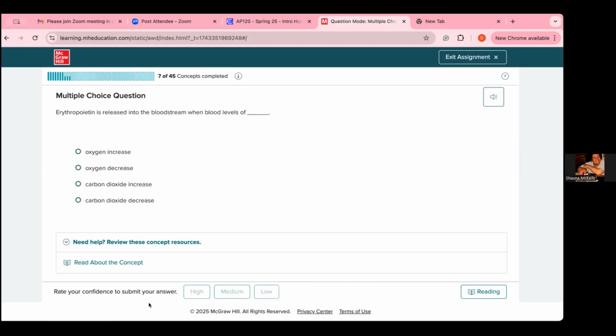Erythropoietin is released into the bloodstream when the blood levels of oxygen decrease. We just read that. When the blood levels of oxygen are decreasing, when your body is experiencing oxygen deficiency. Okay.